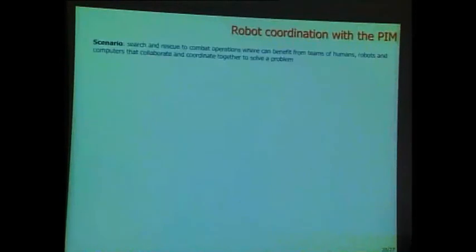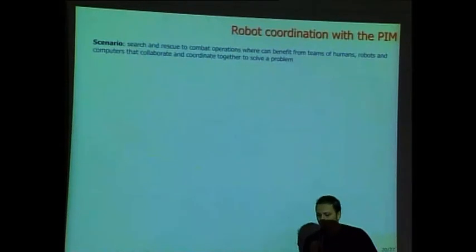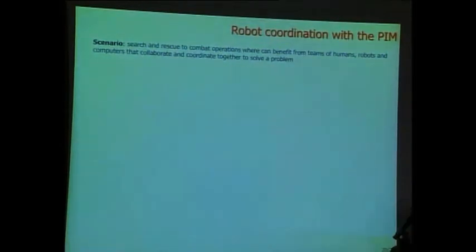Let's start with the PIM. The scenario is the following: we have search and combat operations. We need to coordinate humans, robots, and computers, and we want an easy approach to do this. In the literature, we have two approaches.